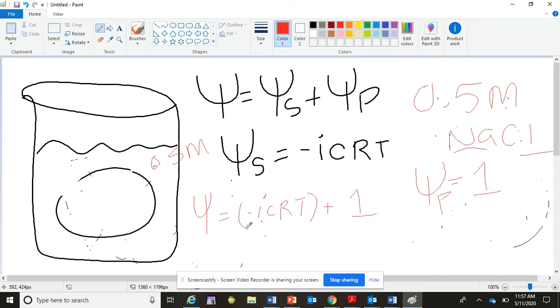Here, we would need to know the ionization constant. We need to know the concentration. R is a constant that will be found on the formula sheet that you're given. And then they would have to provide you with the temperature somewhere. So let's just say the temperature is 22 degrees Celsius. This temperature needs to be in Kelvin, and this is a constant.